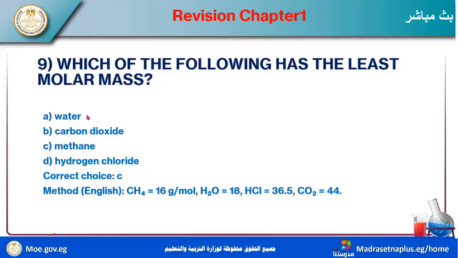H2O equals 18, carbon dioxide equals 44, methane equals 16, hydrogen chloride HCl 36.5. You don't memorize these numbers, you calculate them. You want the least molar mass. H2O is 18, carbon dioxide 44, but we have 16 in C, so methane has the least molar mass in these choices.